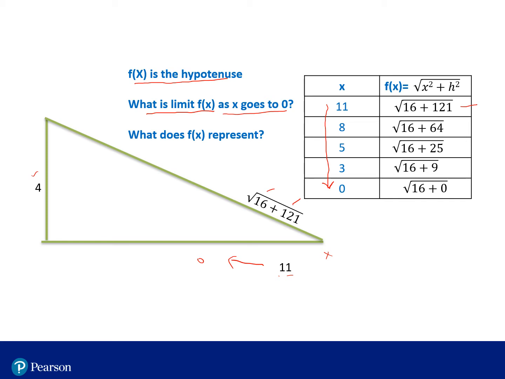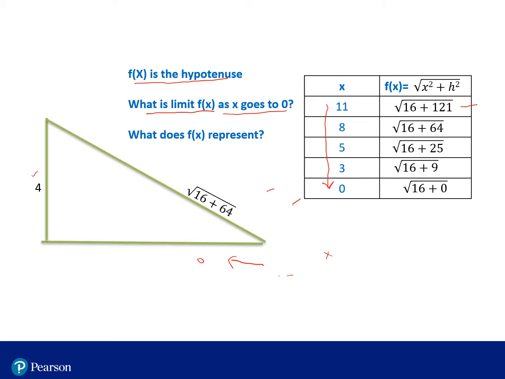And if we do the limit, before we proceed, we're going to go step by step and shrink the hypo step by step. Let's say the next step, instead of 11, we will get to 8. So now the adjacent is 8, and since it is 8, the hypo is going to be 4 squared, which is 16, plus 8 squared, 64, and the square root will give us the length.